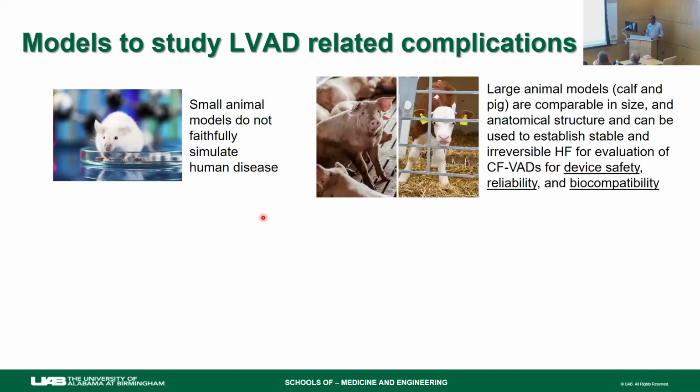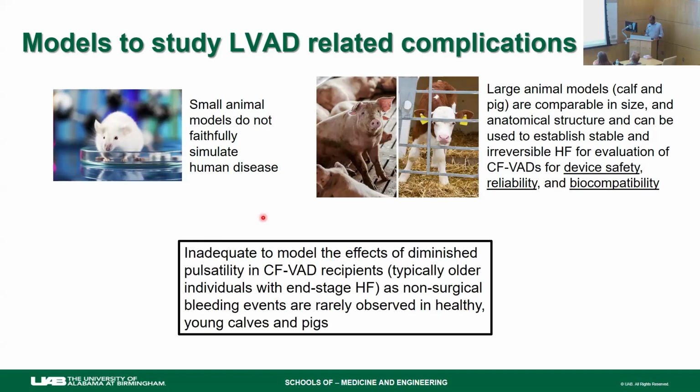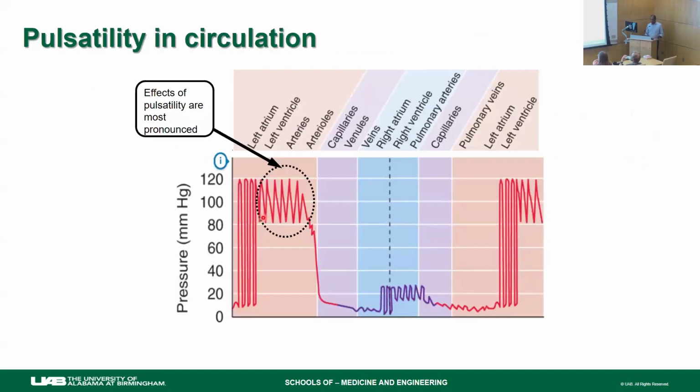These are used mostly for testing device safety, reliability, and biocompatibility, but they're inadequate to model the effects of diminished pulsatility because the non-surgical bleeds that you see in these aging heart failure patients, you can't reproduce with these young animals. So we looked at the models we had, and then we had to come up with fine-tuning our models to address this issue.